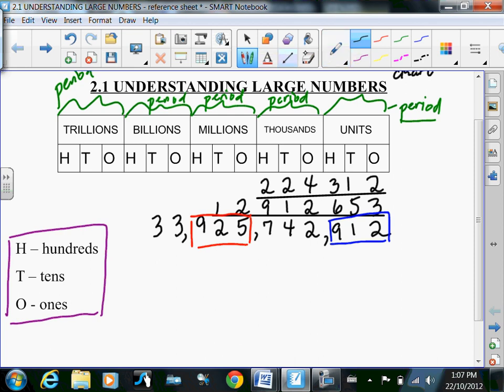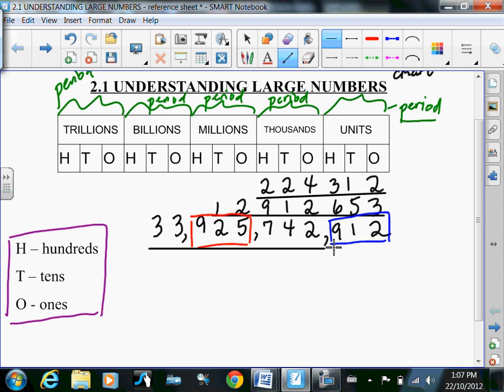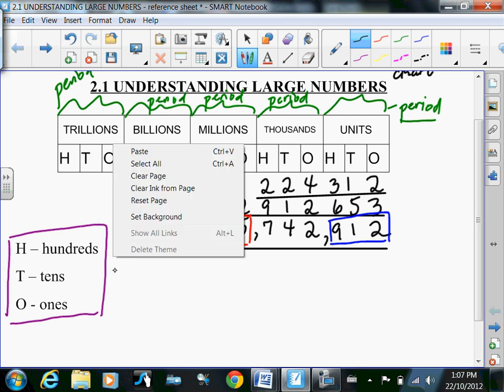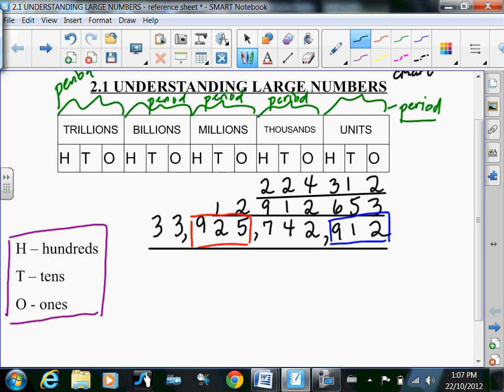And so it doesn't get too messy again, I'm going to draw another line here. Okay. So let's go with, oops. So that's a comma there.